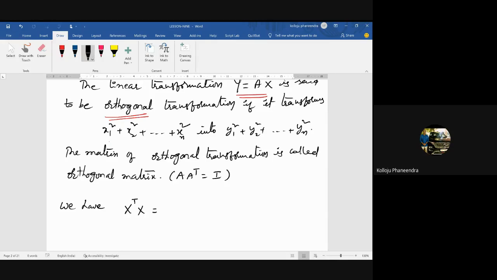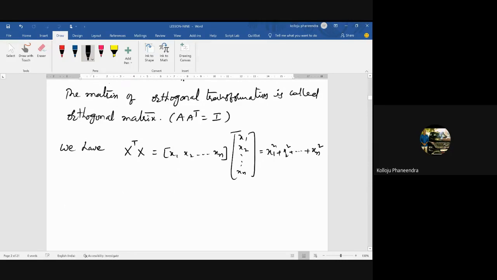What is x? X means x1, x2, up to xn, a column vector, and transpose means a row. If I multiply these two matrices, we get x1 square plus x2 square plus up to xn square.